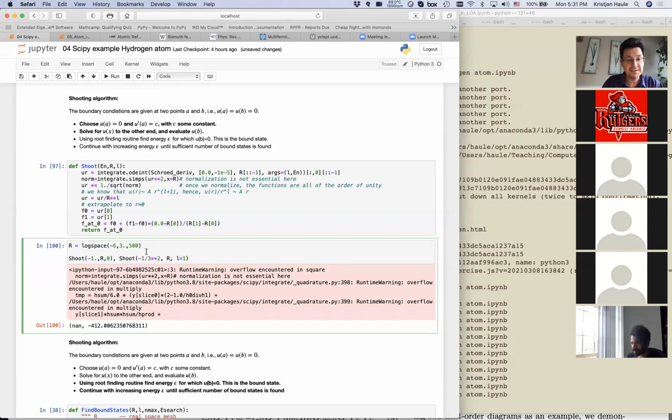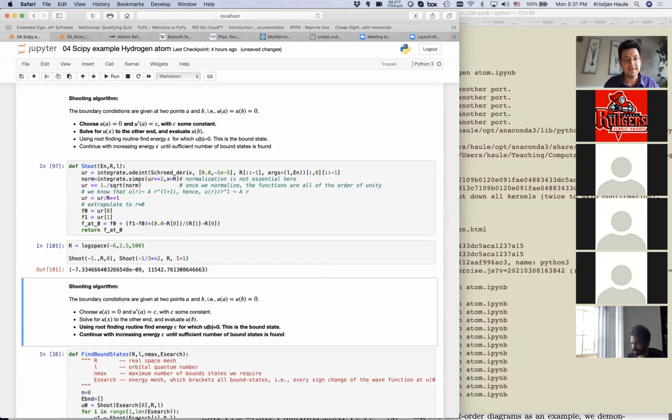I have a problem then. It's unstable. So if you go to large enough R, you get better and better approximation for the 1s orbital. Now, the 3p orbital is still kind of problematic. You see that even if you use very, very large R, it still has issues. So there is some extra little numerical problem that occurs for this orbital.